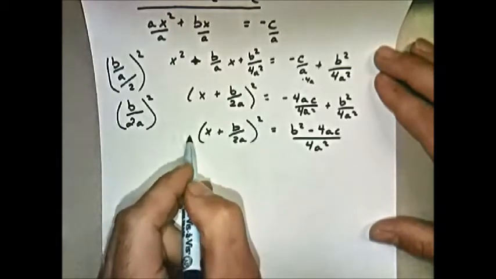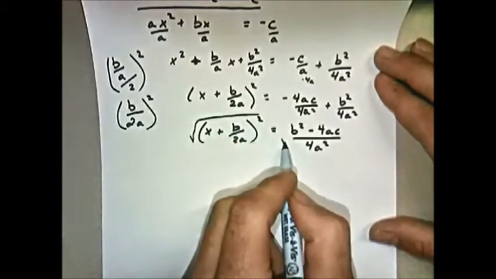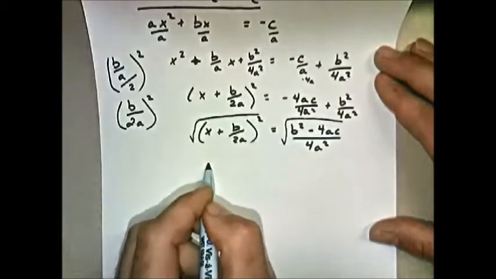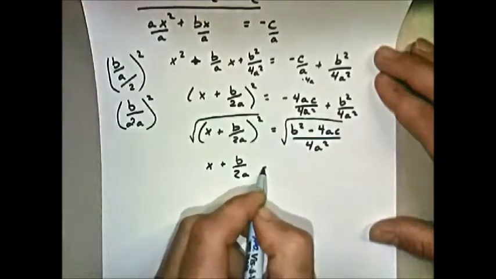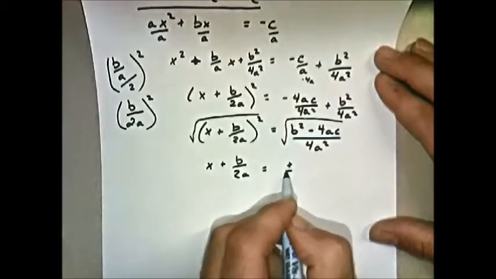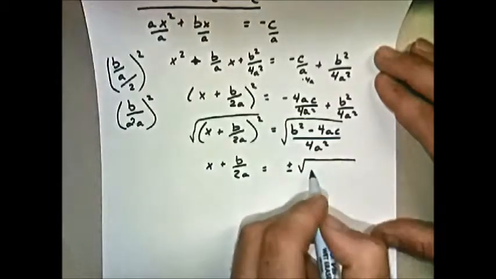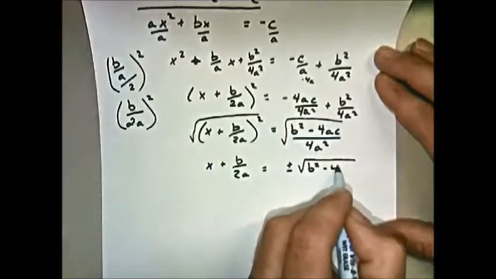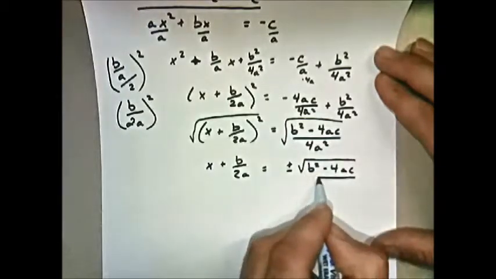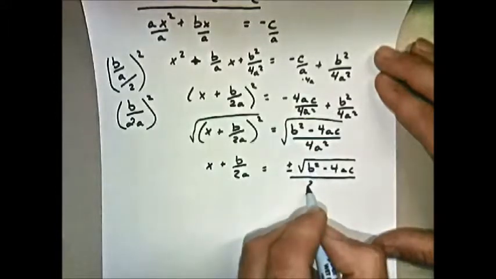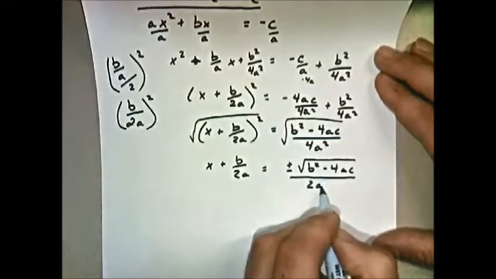We have a square, so we're going to take the square root of both sides. So we get x plus b over 2a equals plus or minus the square root of b squared minus 4ac. 4a squared is a perfect square. Square root of 4 is 2. Square root of a squared is a.